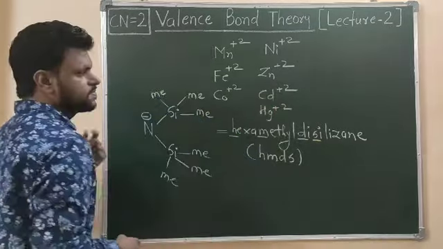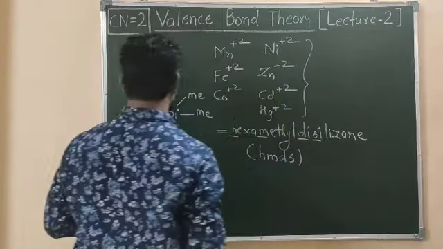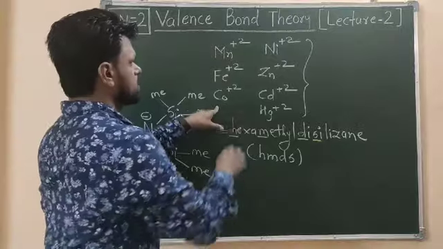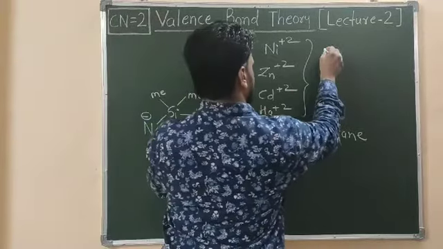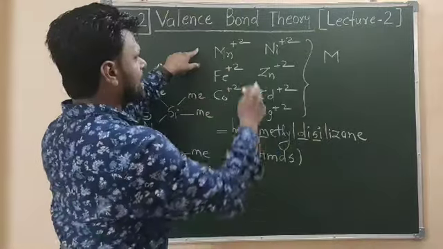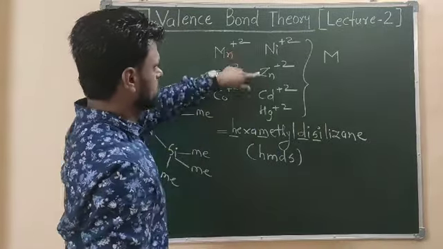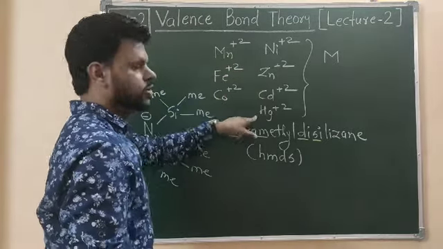They always form coordination number 2 complexes with this ligand. So for all these metal ions, I am writing that this is M, a metal, and it can be manganese +2, iron +2, cobalt +2, nickel +2, zinc +2, cadmium +2, or mercury +2.